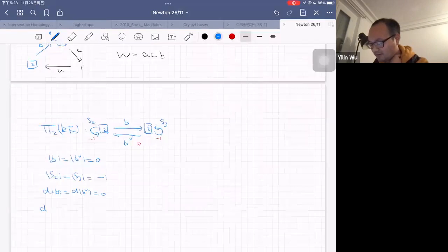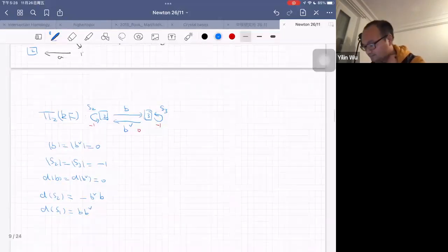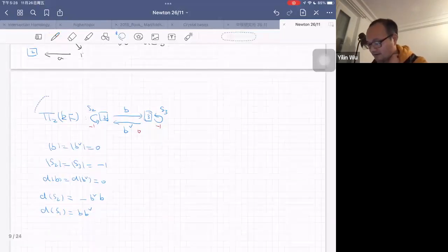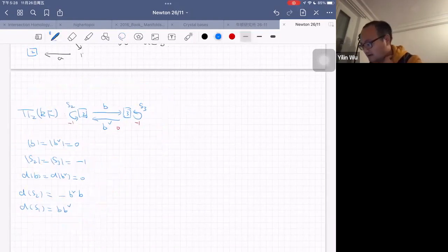And for the degree -1 loops, for example, ds2 is just minus b check b, and ds1 is the b check. So this is the 2-Calabi-Yau completion of the frozen part. And then we also have this complete relative algebra.